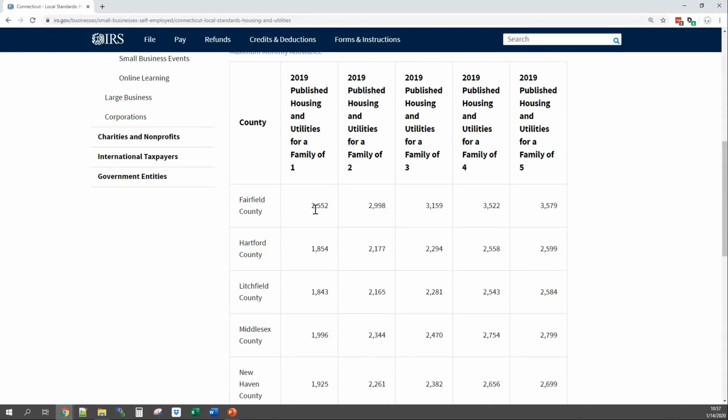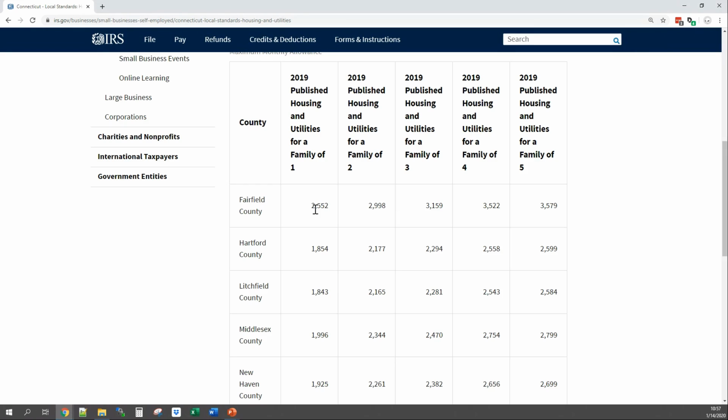The maximum allowable monthly expense for a single person, a household of one, is $2,552 for rent, gas, electricity, heating oil, cable TV, internet, the whole nine yards.